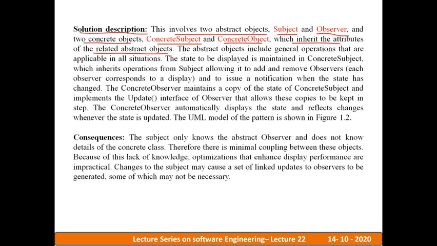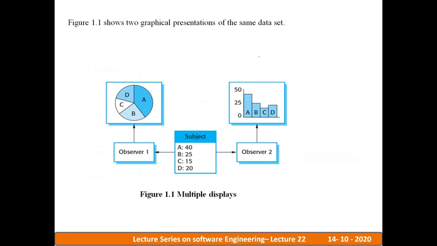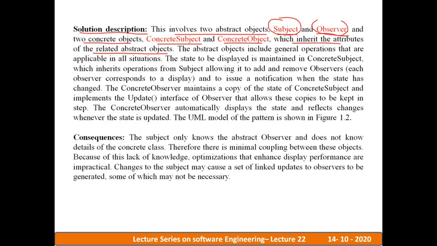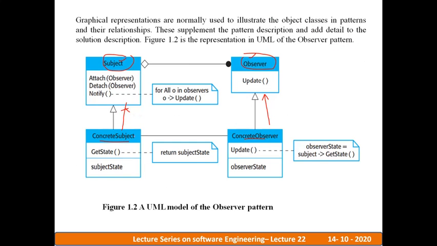So concrete subject and concrete observer inherit the attributes of the related abstract object. There are two abstract objects here, subject and observer, as we just saw in the figure. And these are the concrete objects, concrete subject and concrete observer, both inheriting from these abstract classes.